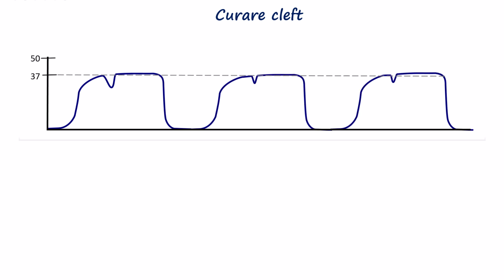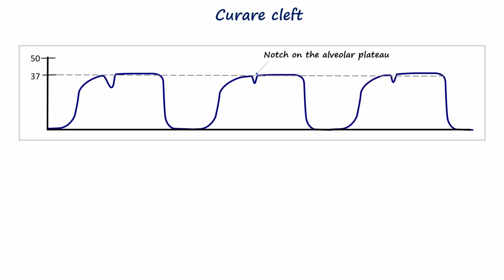A curare cleft is a small notch or dip seen in the alveolar plateau of the capnograph waveform. It represents a spontaneous respiratory effort made by the patient during mechanical ventilation, usually due to incomplete neuromuscular blockade. The presence of a curare cleft suggests that the patient is beginning to regain diaphragmatic activity and attempting to breathe between the ventilator-delivered breaths.